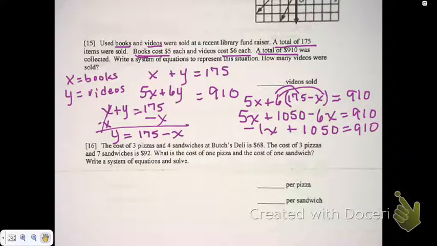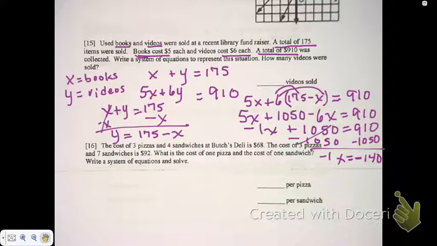Okay, so now I've got to get rid of this 1,050, so I'm going to subtract 1,050 from both sides. And I get a negative 1x equals negative 140.